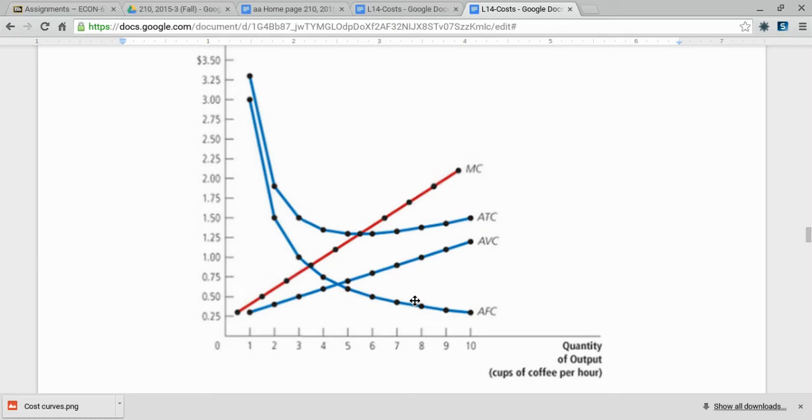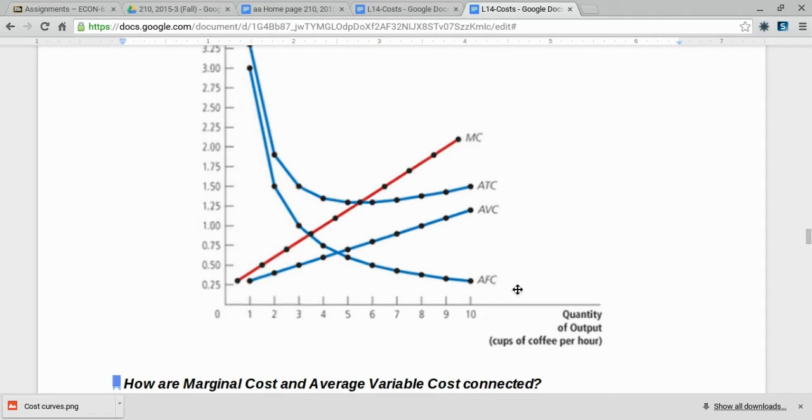When quantity is greater than 5.5, marginal cost is greater than average total cost, and the average total cost curve has a positive slope. At this point, where marginal cost equals average total cost, the average total cost curve has a slope of 0. Notice, when average total cost is at its minimum, the slope must equal 0.